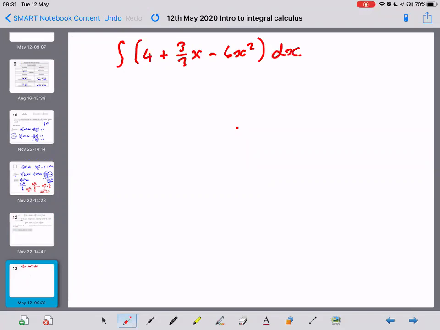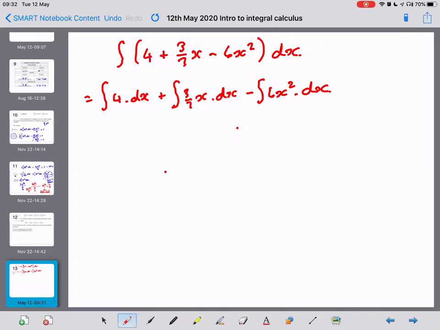Now, that's equal to the integral of 4 dx plus the integral of 3/7 x dx minus the integral of 6x squared dx, written out in full.